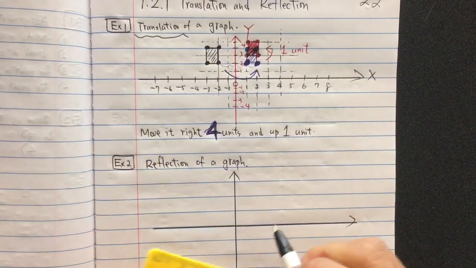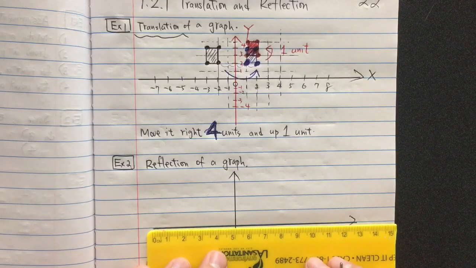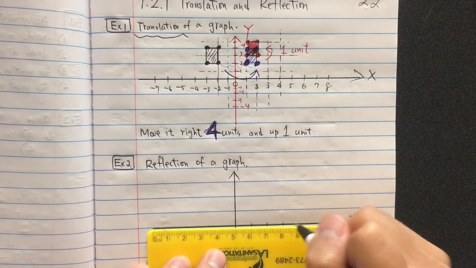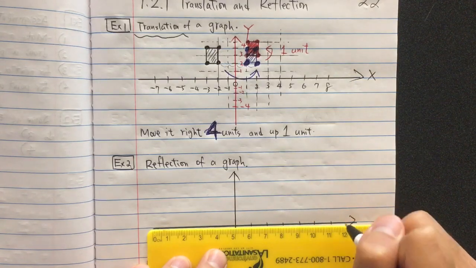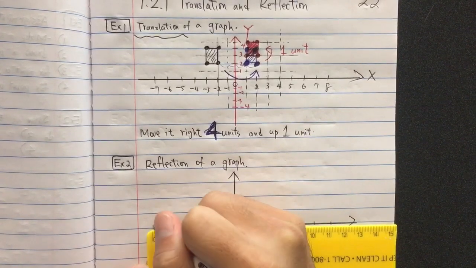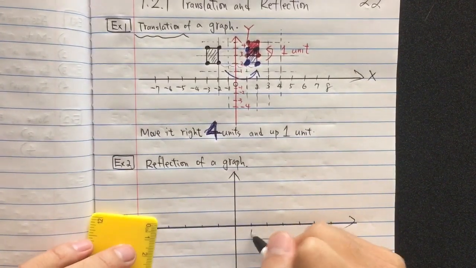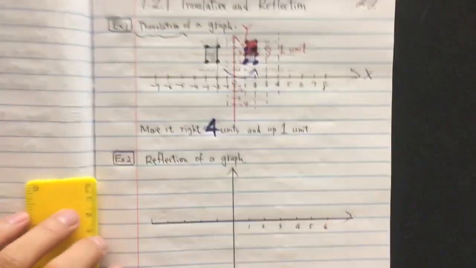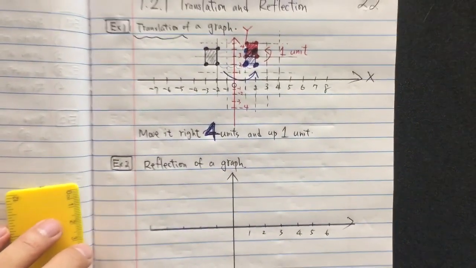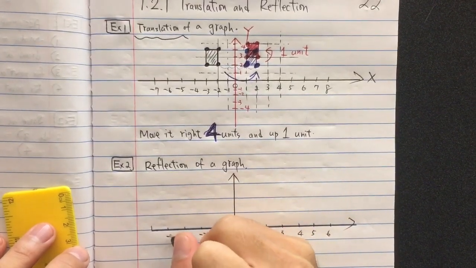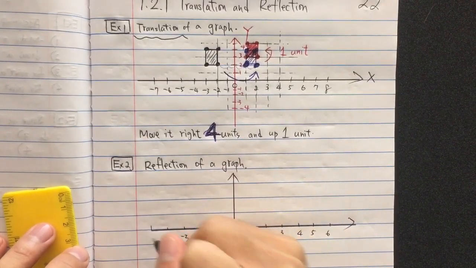Now let's make 0, 1, 2, 3, 4, 5, 6, and here -1, -2, -3, -4, and -5.